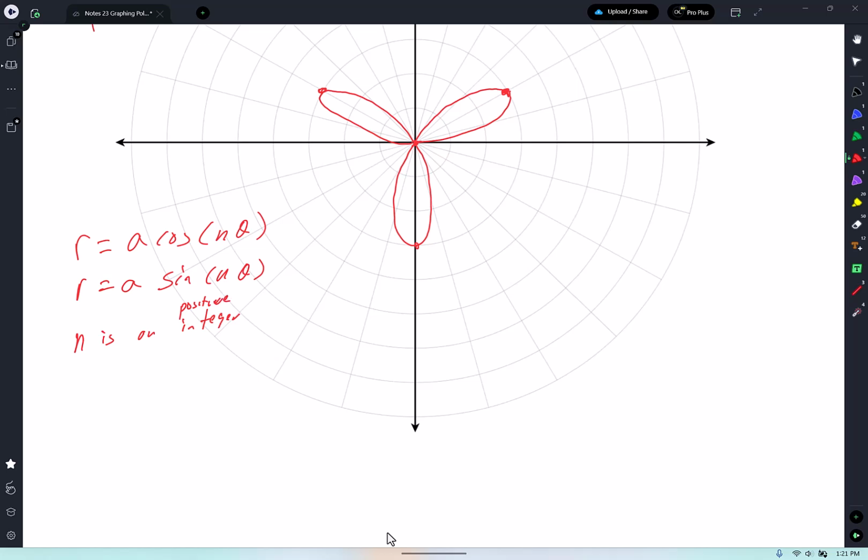I guess we could also talk about negative integers, but we're not there yet. If n is odd, n petals. If n is even, how many petals? 2n petals.